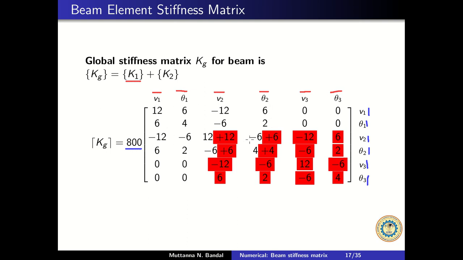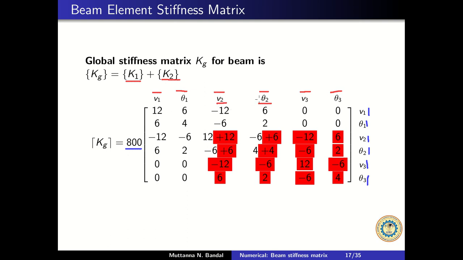The elements of the matrix that are highlighted in red are the elements of the stiffness matrix K2, and those not highlighted in red are the elements of stiffness matrix K1. And I want you to understand how to assemble at the common node.